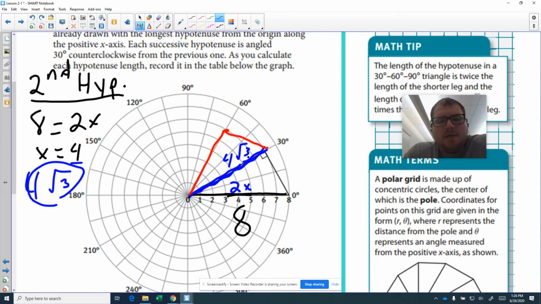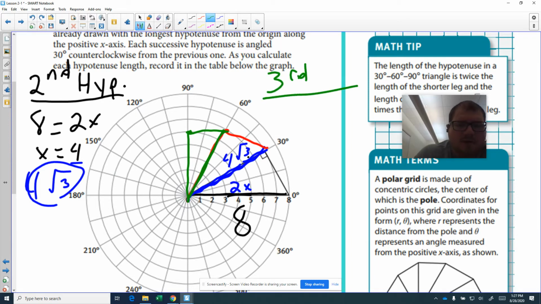Well, from here, now she wants to build another triangle. So let's say she wants to build a third one. Well, she's going to go 30 degrees on a straight line across, cuts down, but now I need to figure out what this hypotenuse is in green. So now I want to find the third hypotenuse.